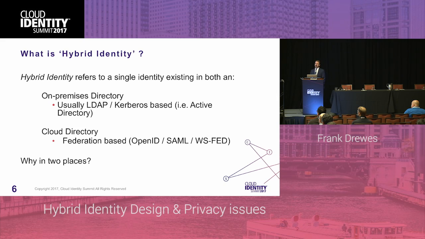And so the question is, why do we actually need to have two different systems, right? Well, it turns out that both of these systems are really good at serving applications either on-premise or in the cloud, but they don't necessarily work that well between. So what works really well for securing file shares, printers, managing computers, works really well inside of our four walls, inside of our firewall, but not necessarily out on the internet without exposing things like central authentication service to the web, which we just wouldn't do.